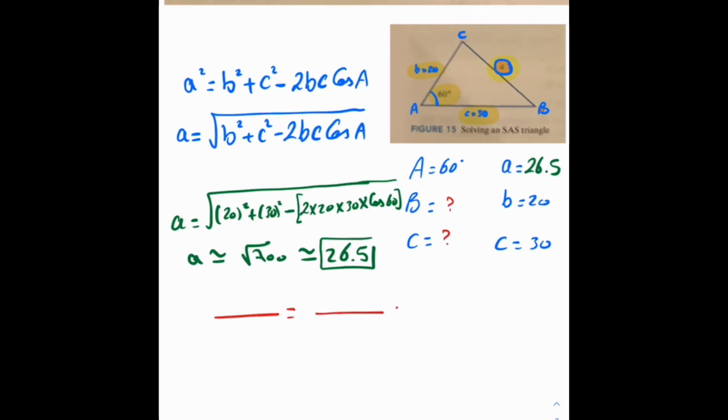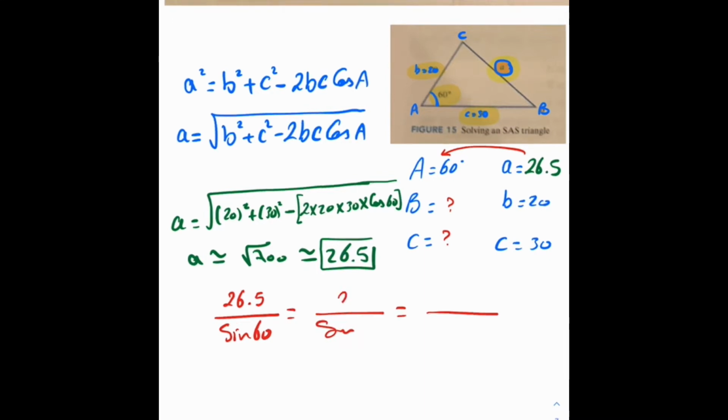It is a ratio between the sides and the sine of the opposite angle. So 26.5 divided by sine 60 is equal to b, which is 20, over sine B, which is equal to c, which is 30, divided by sine C.